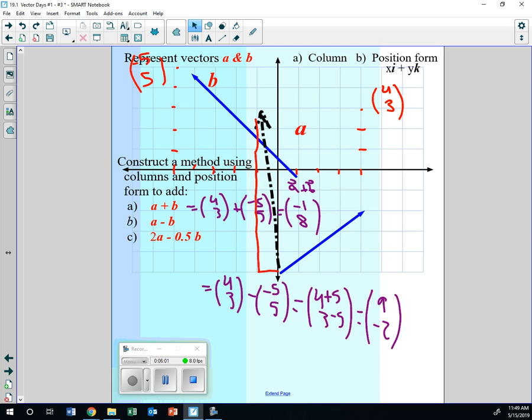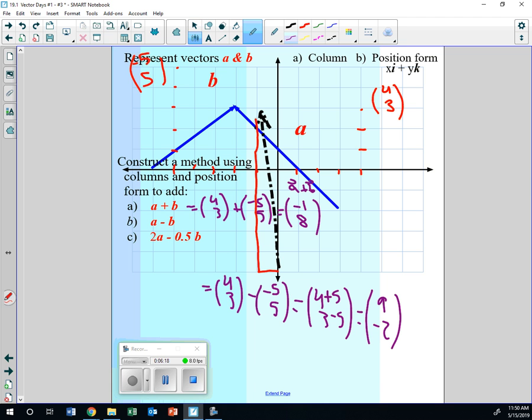If I remember right, I think I had A as this one. Okay, I'm going to put A about here. And then minus B is going to look like this. I'm just going to squiggle this little arrow out here, make the arrow here.